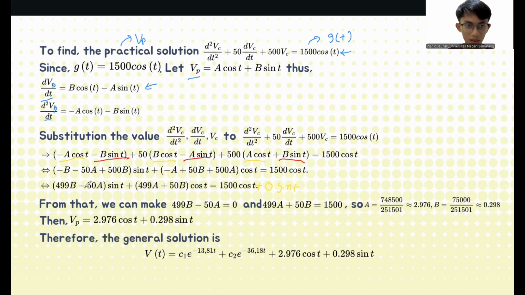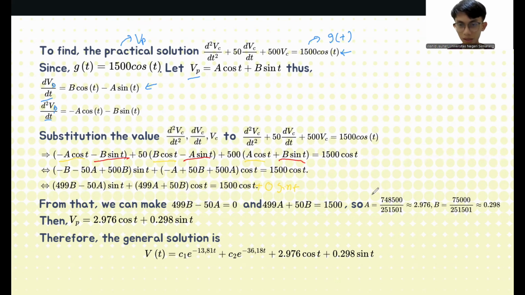So from this equation we can make the first equation and the second equation.